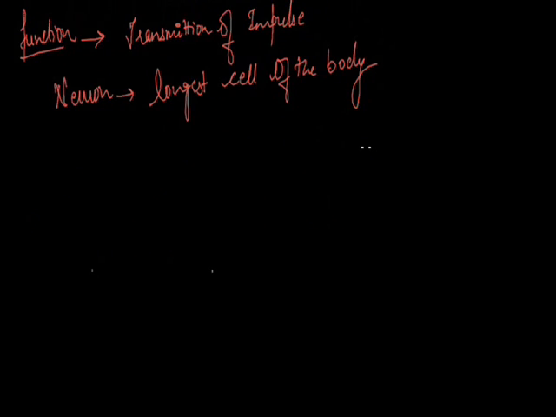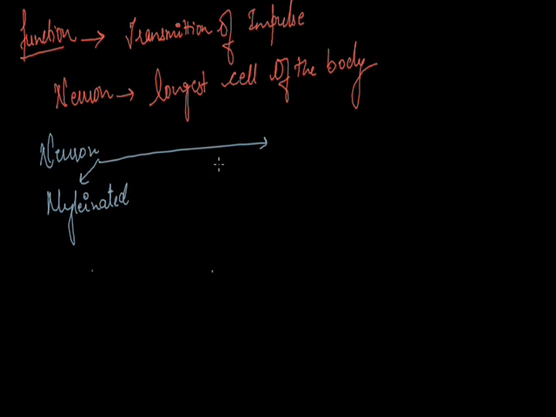So on the basis of myelin sheath, we can categorize this neuron into two parts: myelinated and non-myelinated.